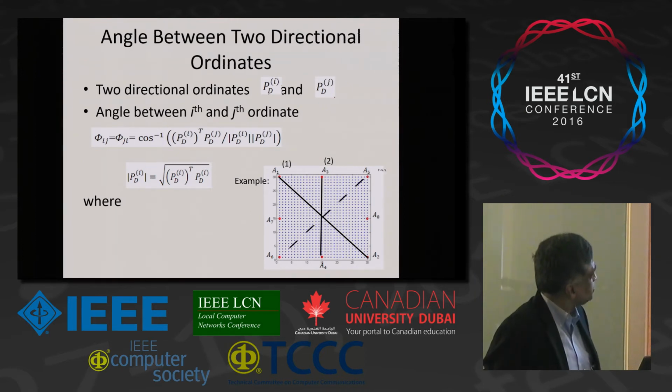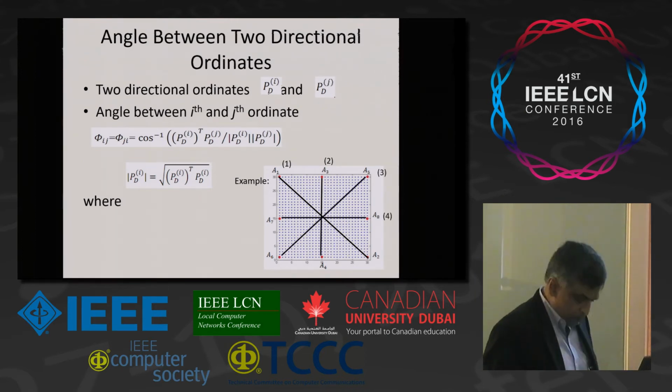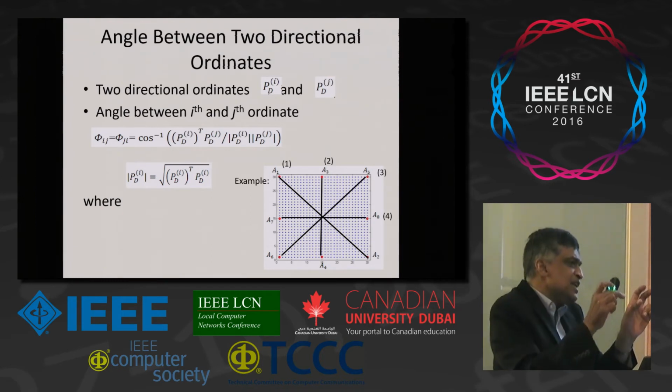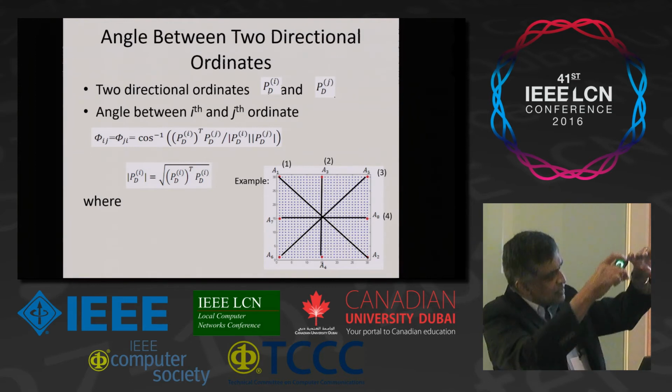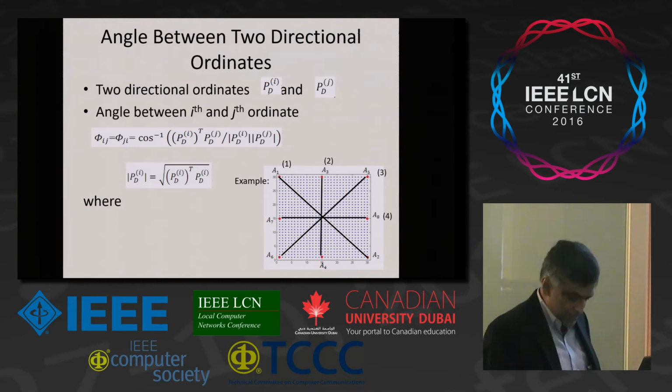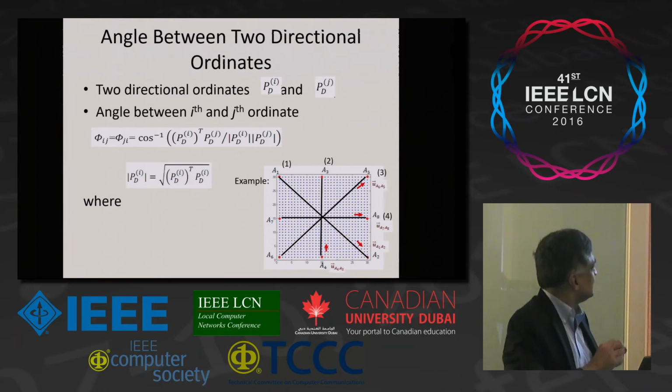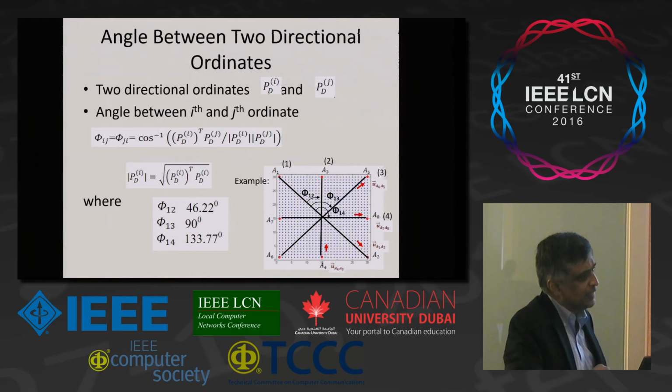I take a pair of nodes at a time, find every point with respect to this direction, this direction, this direction, and from that I try to find this angle. And for this rectangle, a full rectangle at least, they resemble the physical angles.